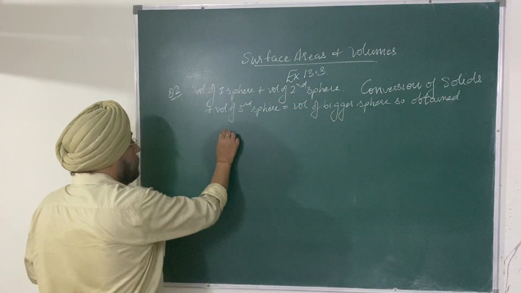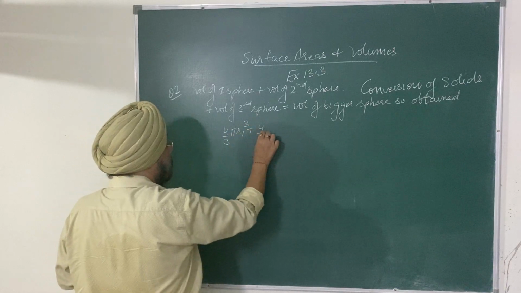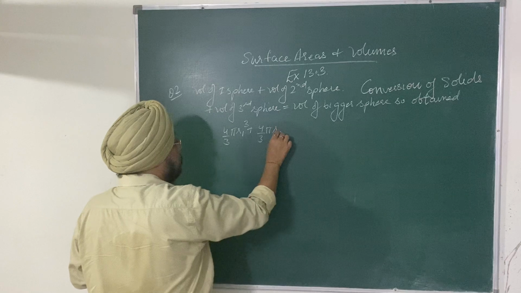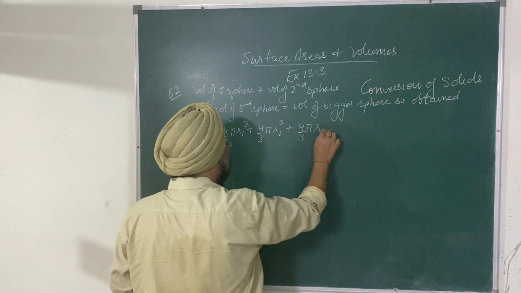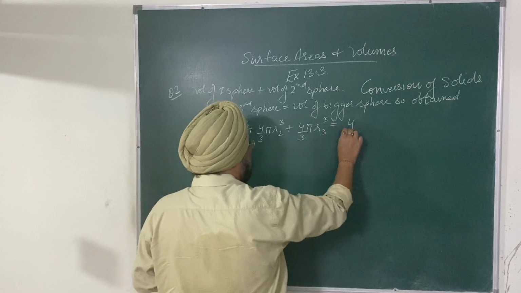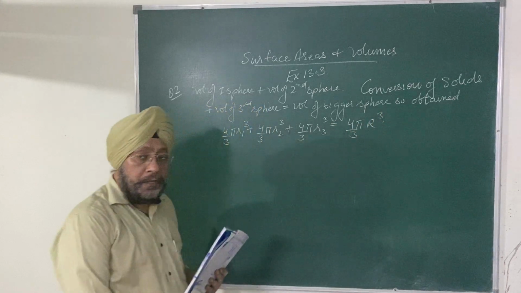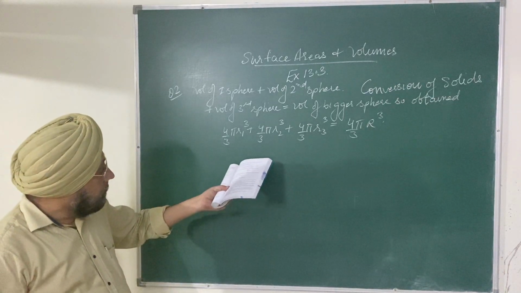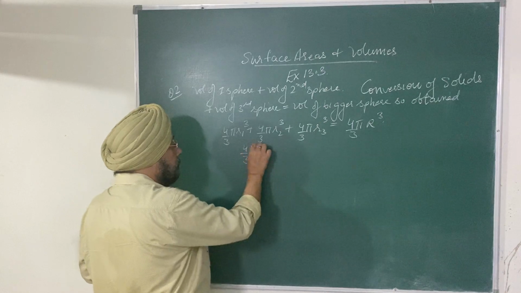So let the radius of the first sphere be r1, the second sphere be r2, the third sphere be r3, and let the radius of the bigger sphere be capital R. Since we can see from the left hand side, we can take 4 by 3 pi as the common term.